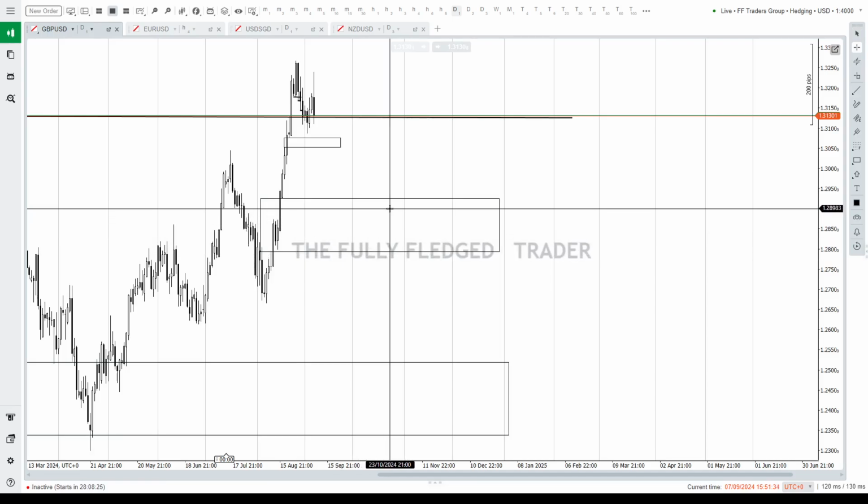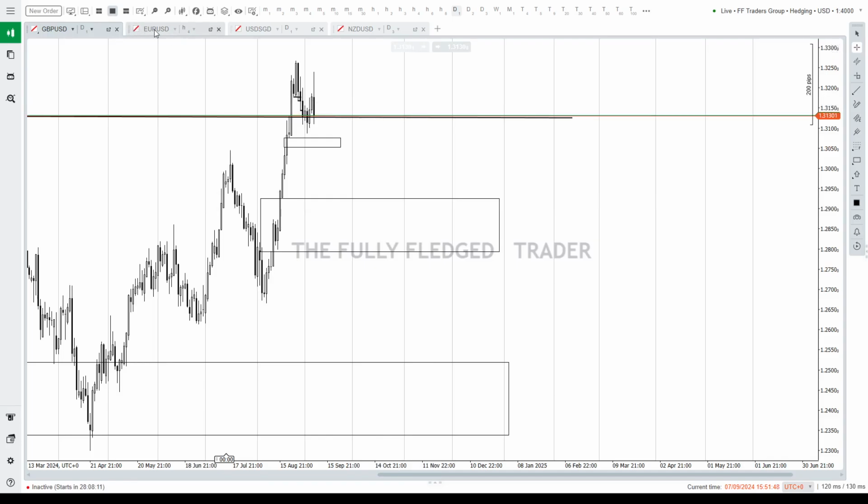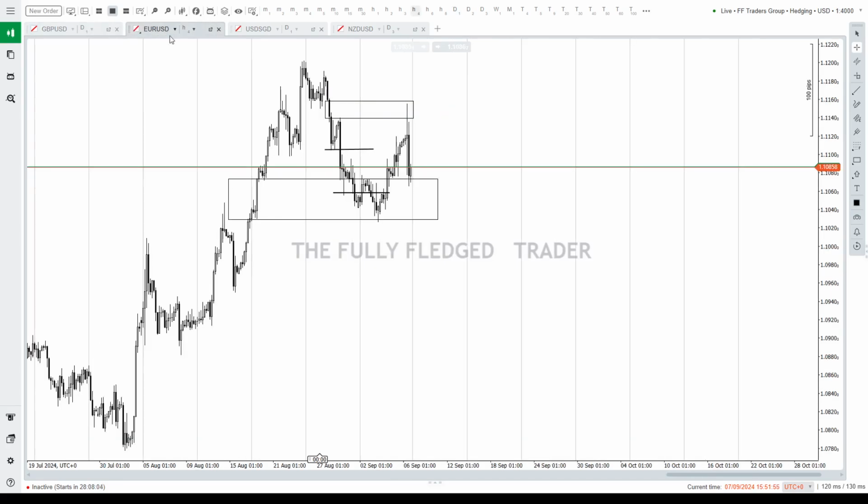Is it? No, 1.29 should be my target for now. I'd love to see price get within that price area. That is it for the British pound dollar and the USD there.